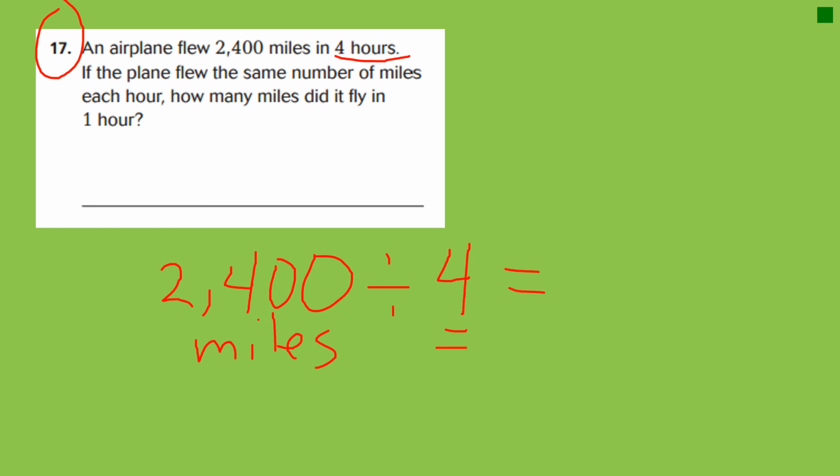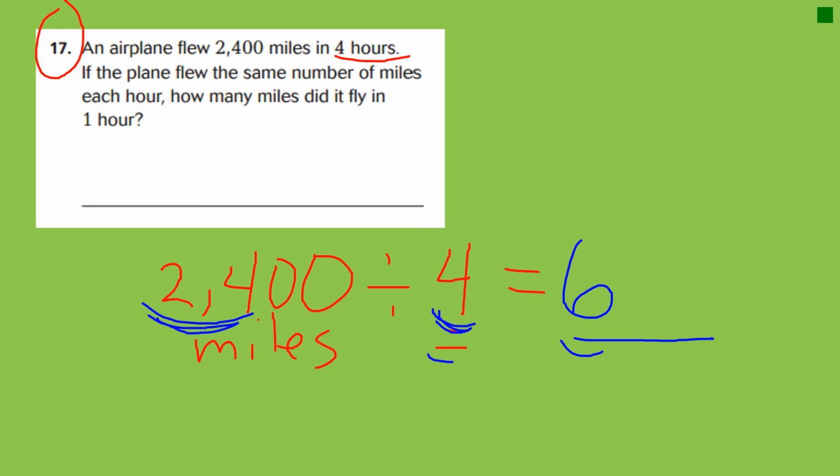Okay? All right, so let's see. 2,400 divided by 4. Let's think 24 divided by 4. Oh, we did 24 in the first few problems, didn't we? Okay, so how many sets of 4 in 24? 6, right?